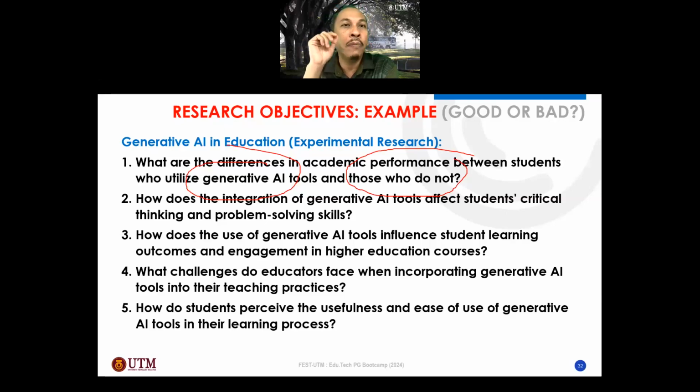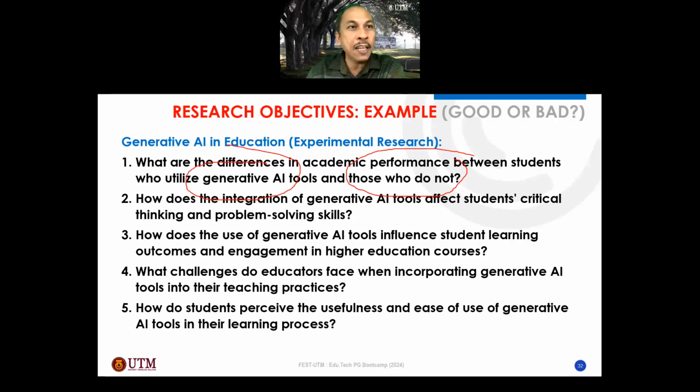Just type, don't send it yet. Okay, so that everybody thinks about this. 1, this is good. 2, this is not a good research objective. Okay, type 1 or 2, and then when I say submit or send or enter, everybody press enter. Yeah? Okay, I give you 30 seconds.